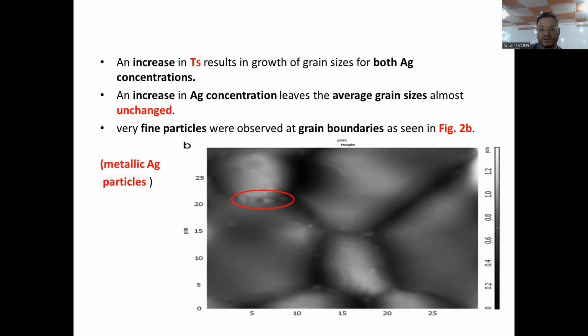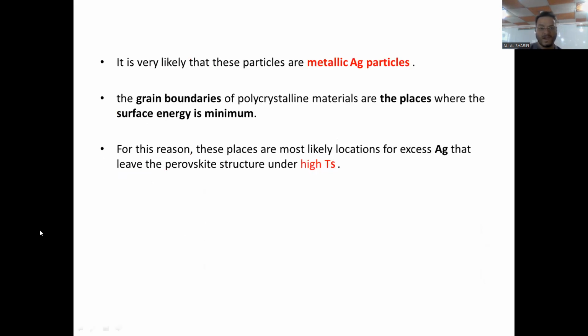Very fine particles were observed at the grain boundaries in figure number 2, like I said before. It is very likely that these particles are metallic Ag particles. The grain boundaries of polycrystalline materials are the place for these metallic Ag particles to stay.